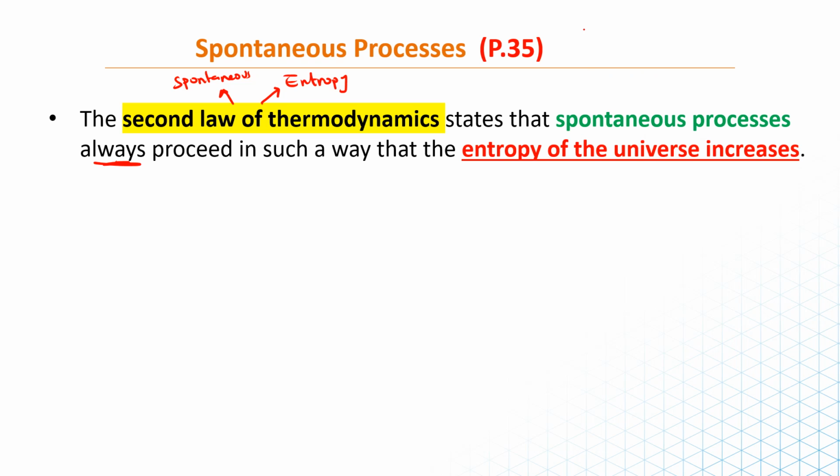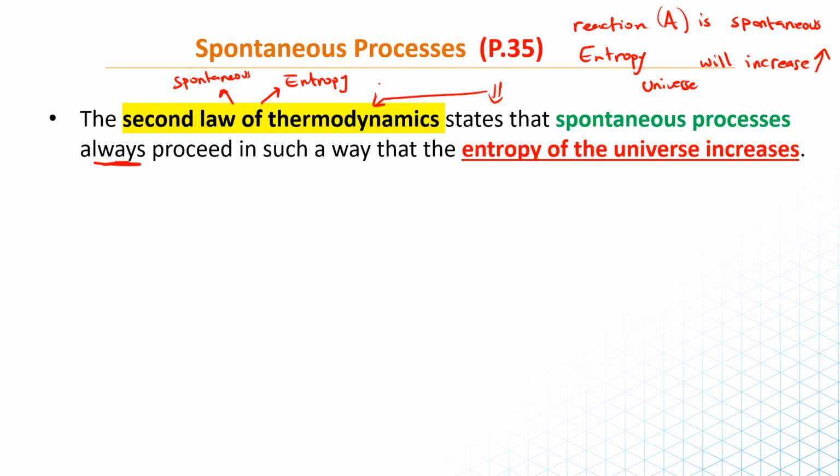It means, for example, if reaction A is spontaneous, لو التفاعل A هو عبارة عن عملية تلقائية, the entropy of the universe will increase. It will go up. Okay, guys? This is the meaning of the second law of thermodynamics.